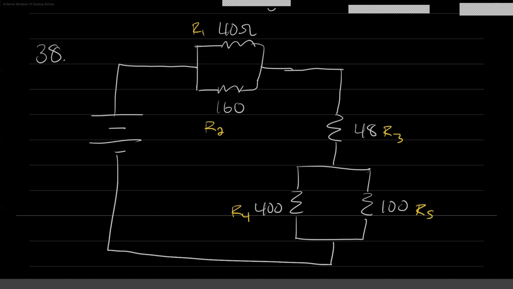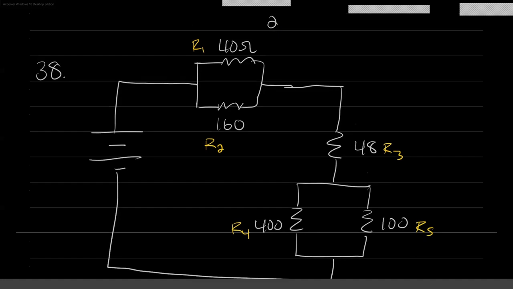Okay. So the way to do this is the best way I think about it. You always know, so this is the positive side of the battery, and this is the way that we're going to want to follow the flow of the current, right? So this is going to come out of the battery, and it's going to hit this junction. Well, we want to know the total, because that's the first part of these questions, calculate the single resistor value.